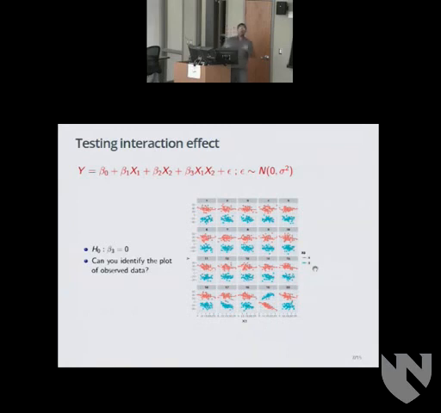If there is no interaction, suppose the null hypothesis is true, then those lines should be parallel, right? This beta 3, remove this, turn this into 0, then this should be parallel. That means this plot will serve as a good test statistic. So in this plot, can you identify which one is different?